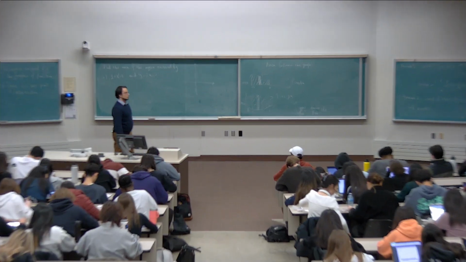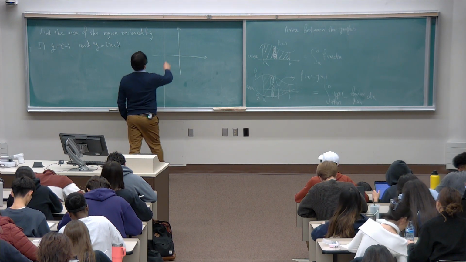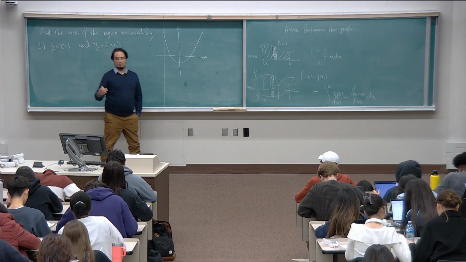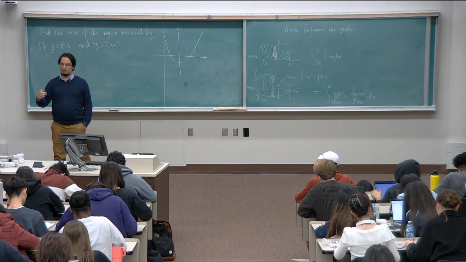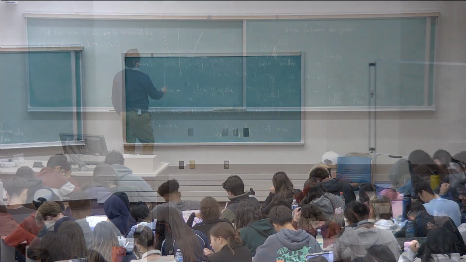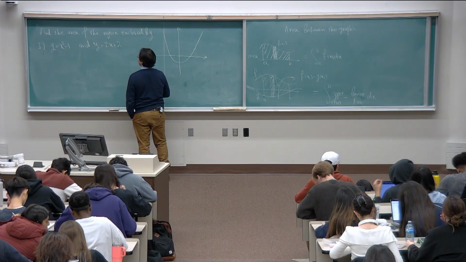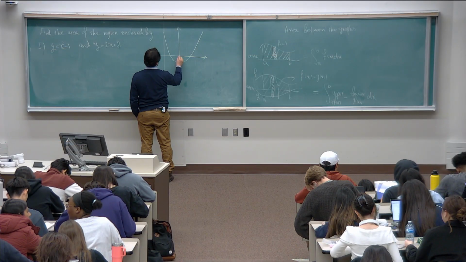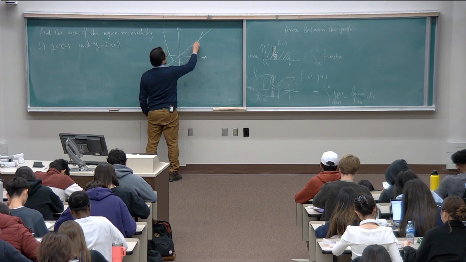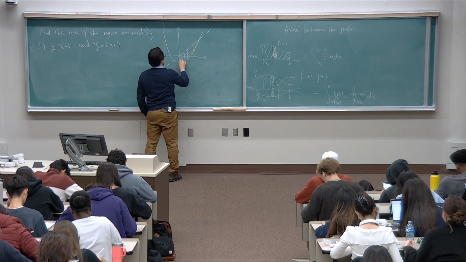Y equals x squared minus 1. This is the parabola, the standard one shifted one unit down. And y equals 2x plus 2. The region is here.